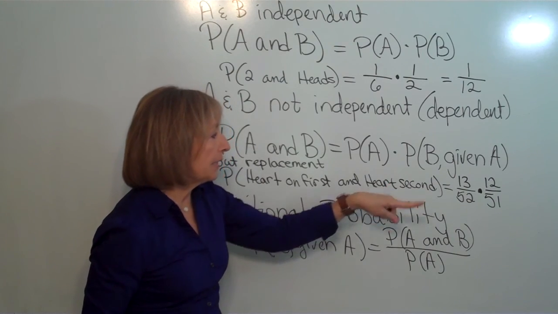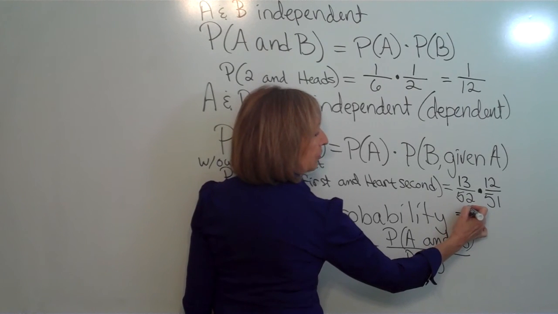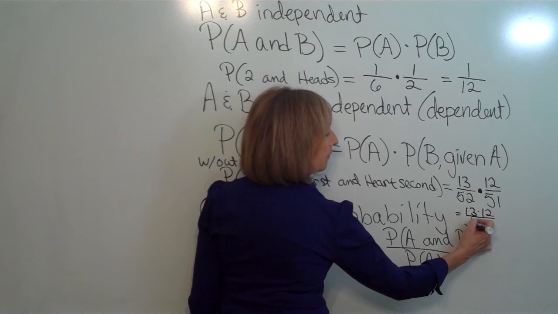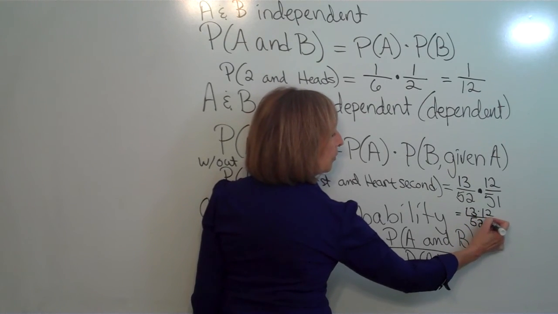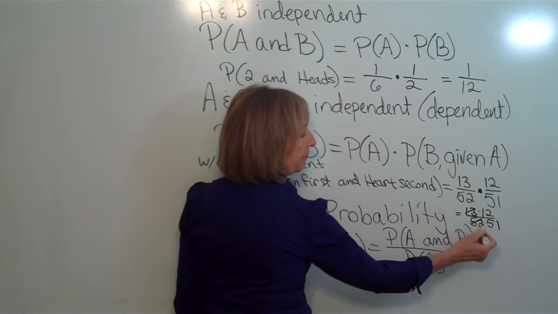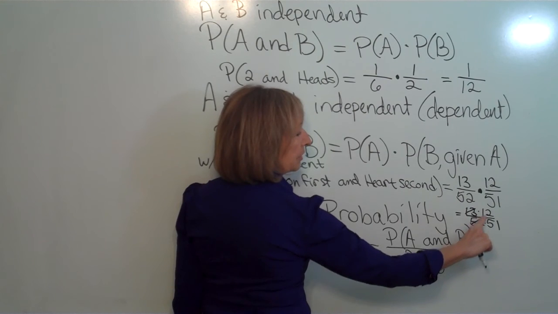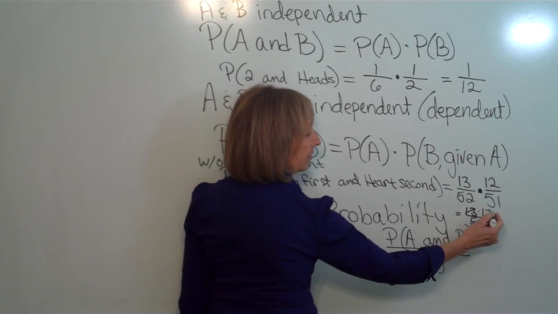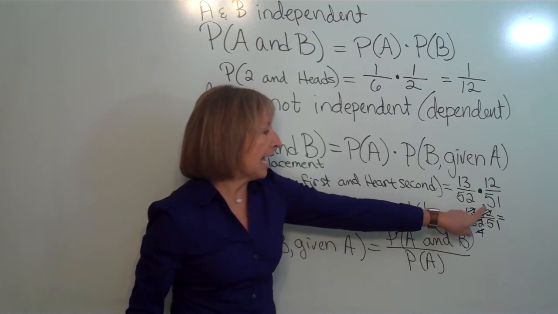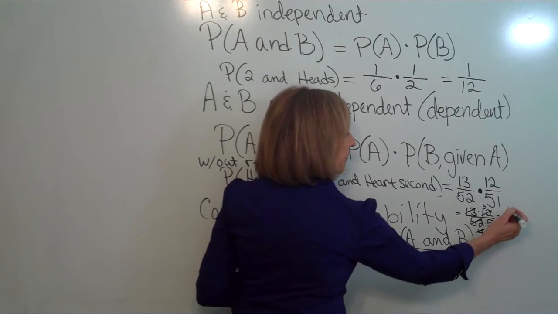And then when we work through simplifying this, multiplying it straight across the top and straight across the bottom, but to keep the numbers a little bit more reasonable to work with, you can remove common factor pairs. So 13 goes into 52 4 times, and 4 goes into 12 3 times, and 3 can be simplified as a common factor of 3 and 51.